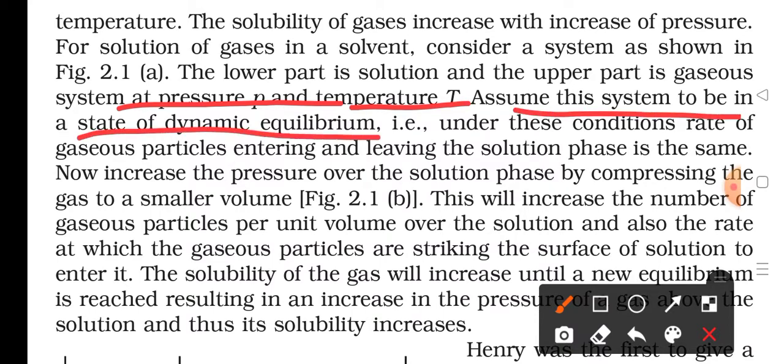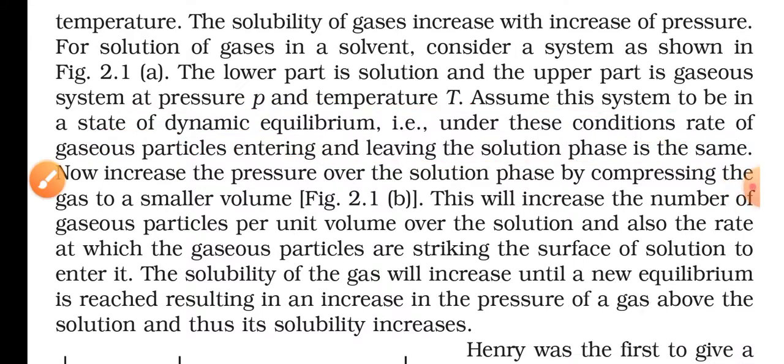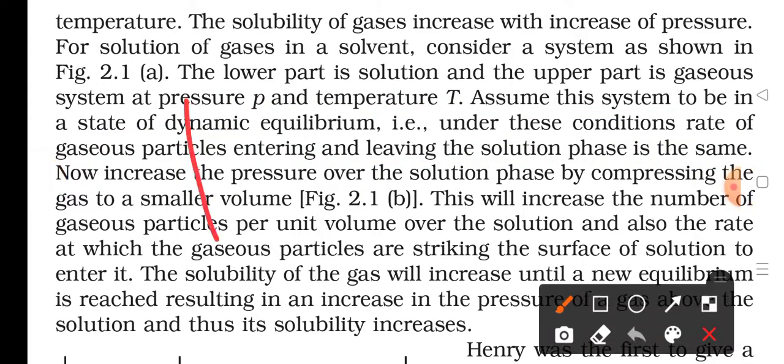If it is in dynamic equilibrium, what does that mean? Under this condition, the rate of gaseous particles entering and leaving the solution phase is the same. It means that when there is equilibrium, the rate of gases going into the liquid and the rate of gases coming out of the liquid are the same. That means it is in equilibrium.